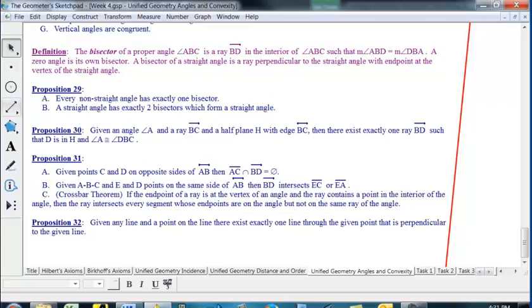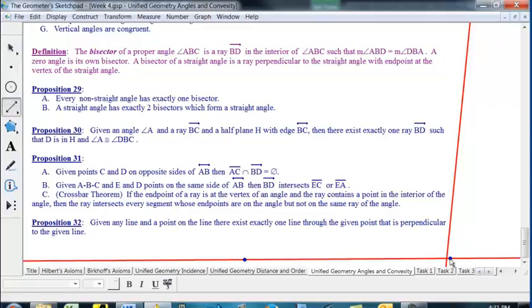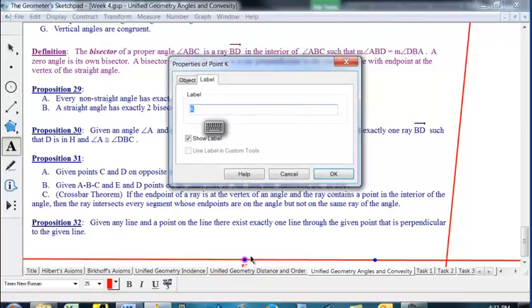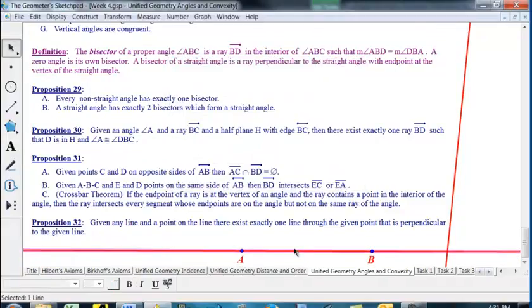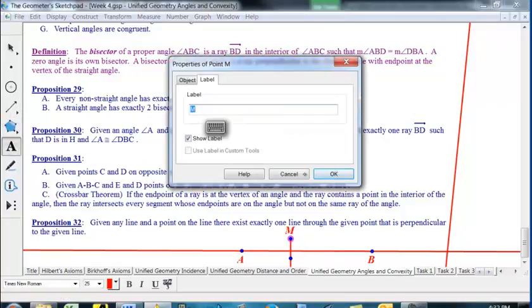So we've got a line AB, and C and D on opposite sides. Let me go ahead and do this. The line segment. Oops, I think I made a ray there.